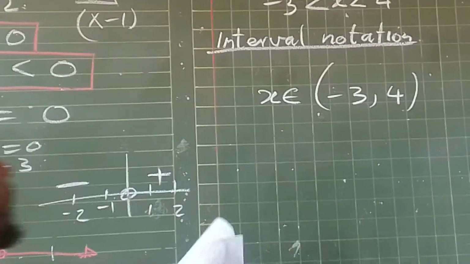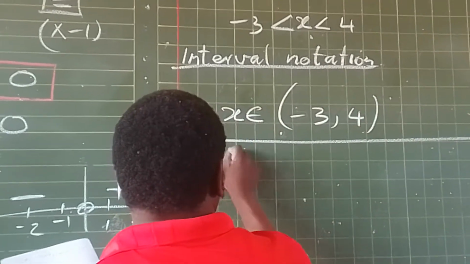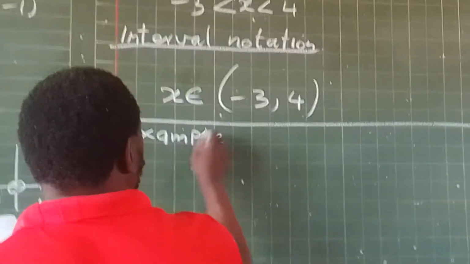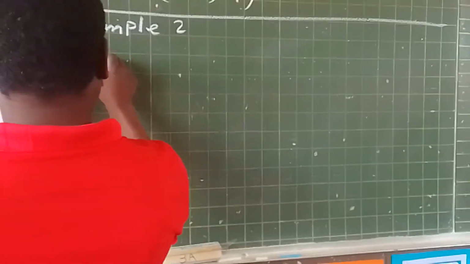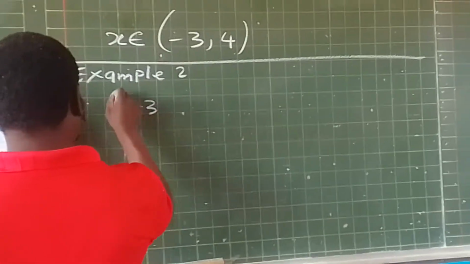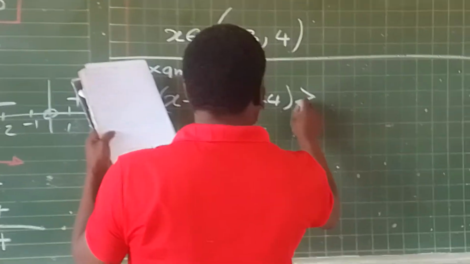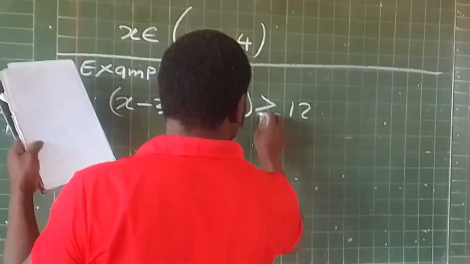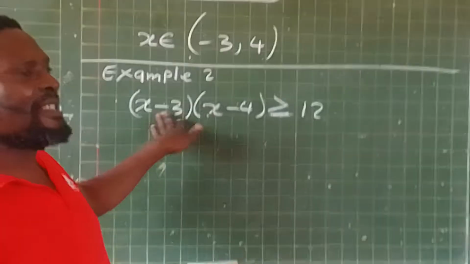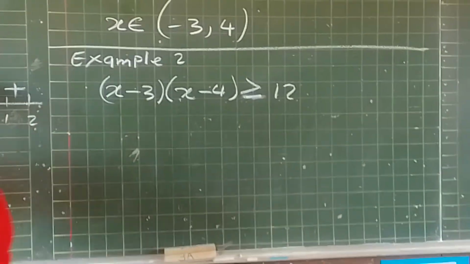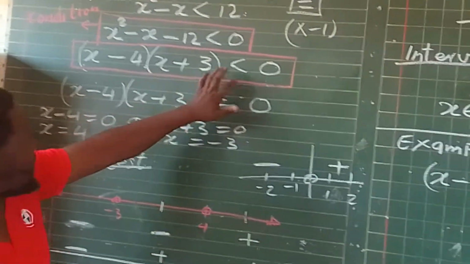Let's grab example 2. Example 2 says x minus 3 times x minus 4 is greater or equals to 12. This is the perfect example to illustrate what I was saying. Here they have done us a favor. We have done everything. In other words, we took it from wherever it was and we landed here.